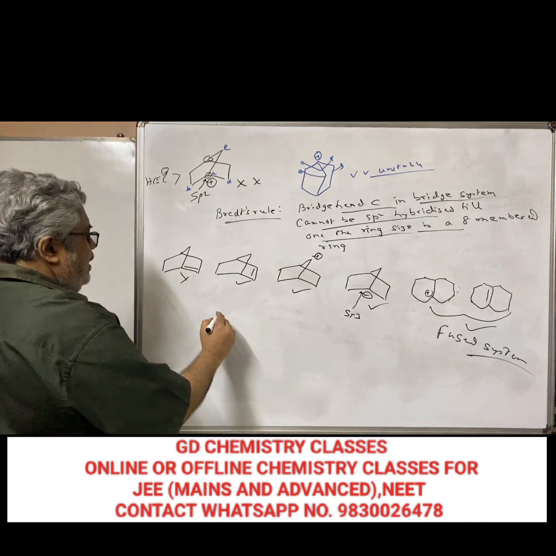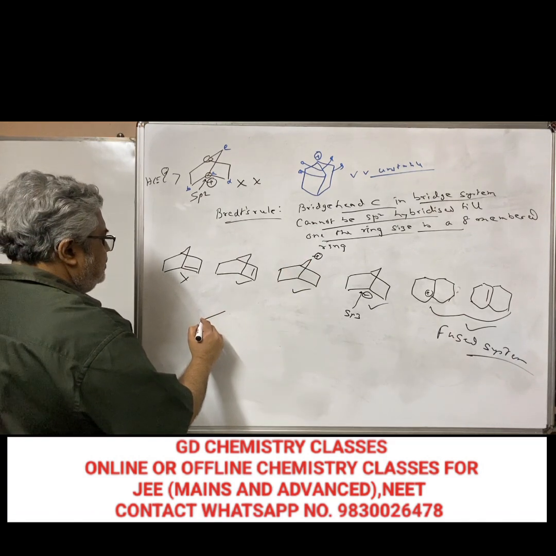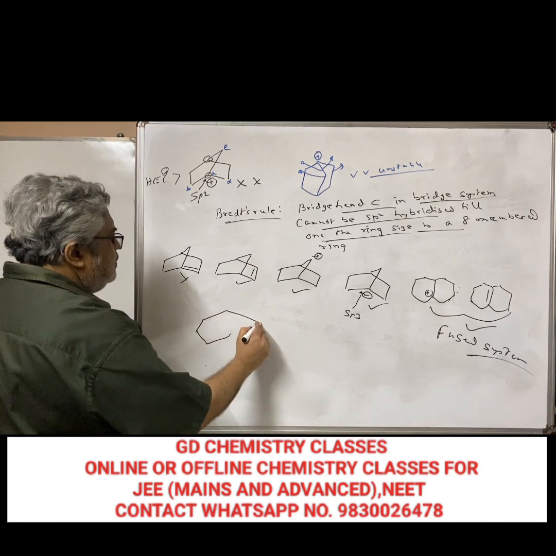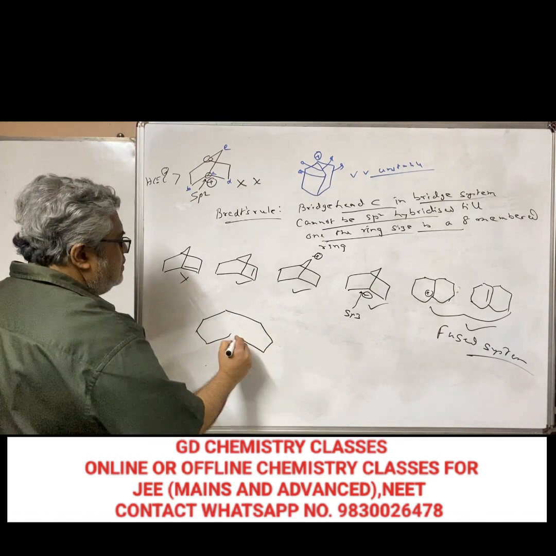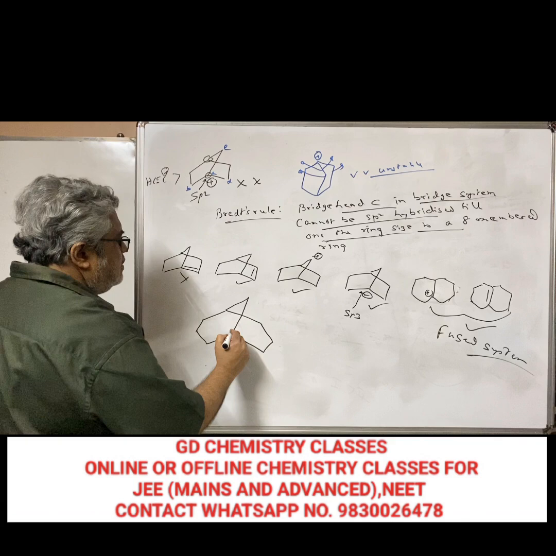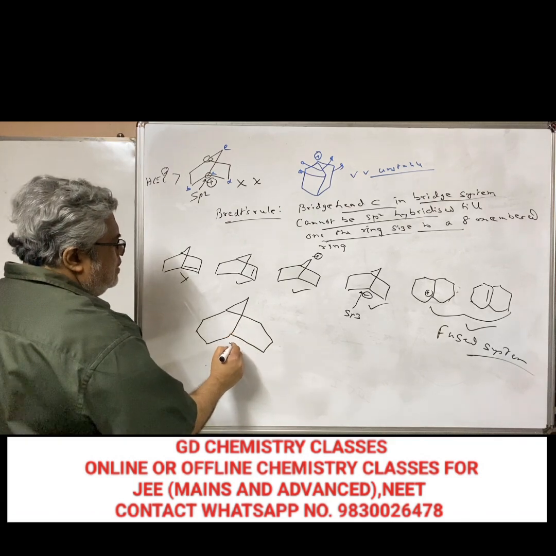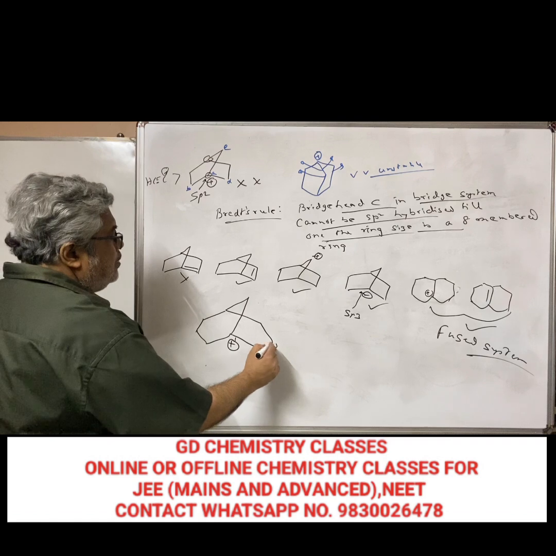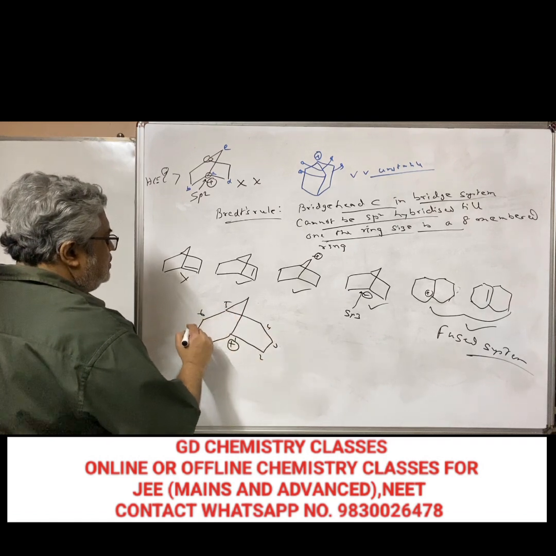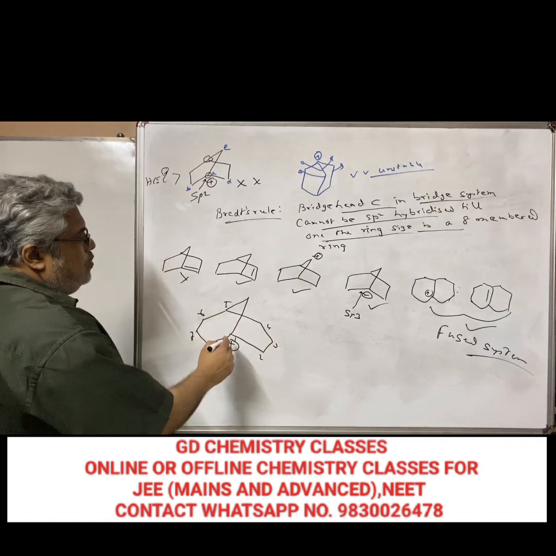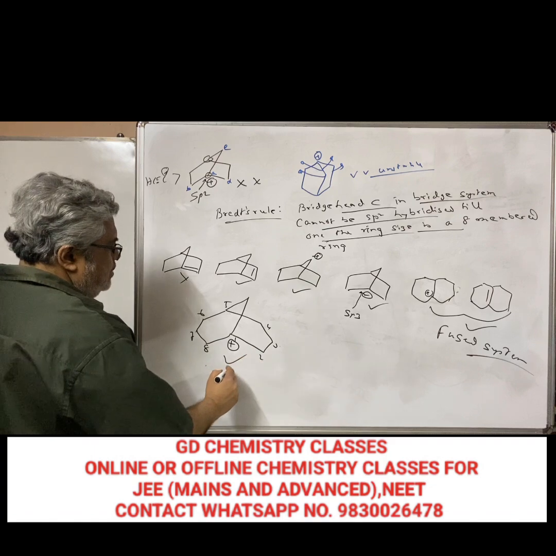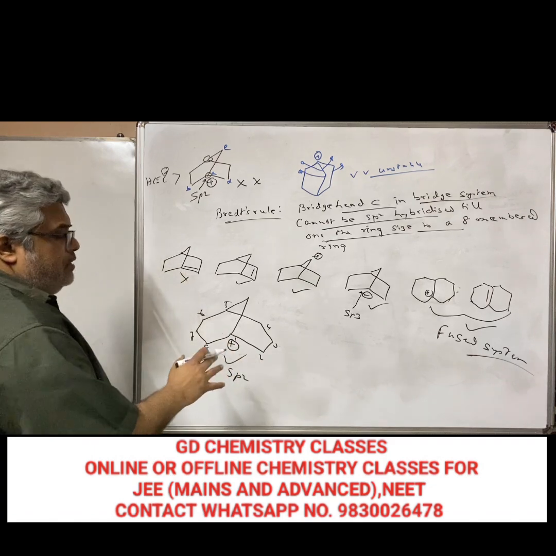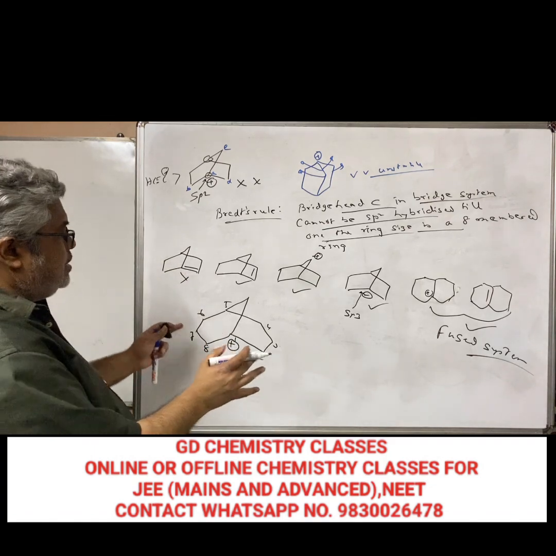And obviously let's try to draw this. If you consider this one, 1, 2, 3, 4, 5, 6, 7, 8. One of the rings is 8, so this will exist. This can be sp2 hybridized. The ring is quite large, an 8-membered ring.